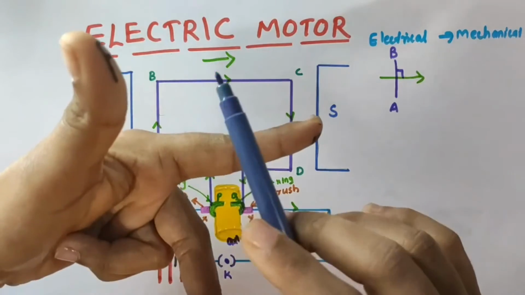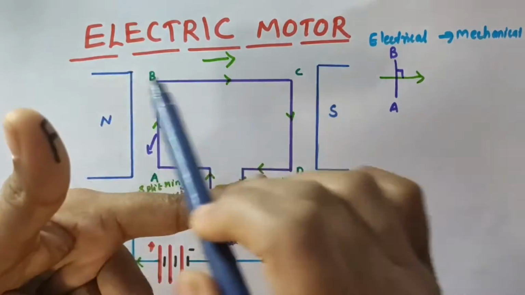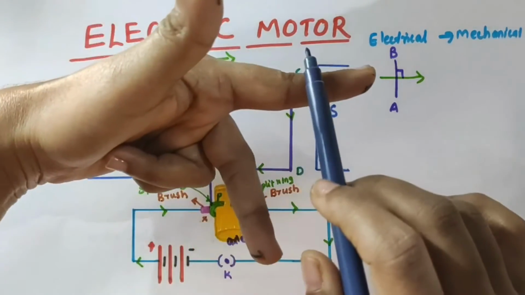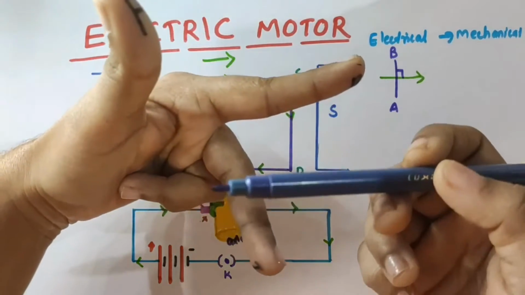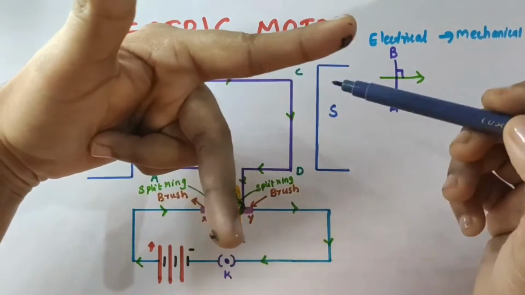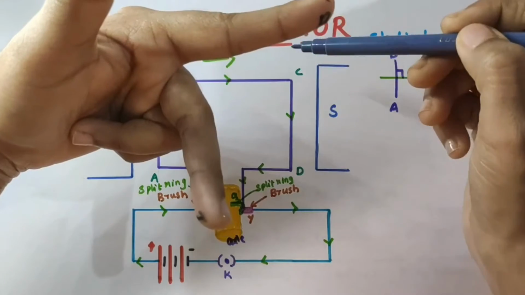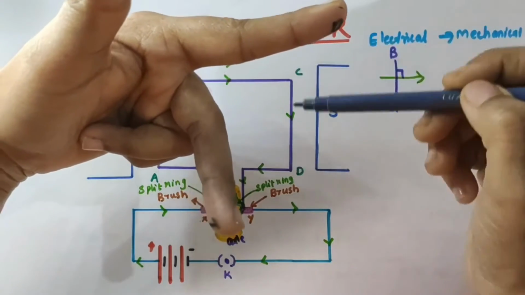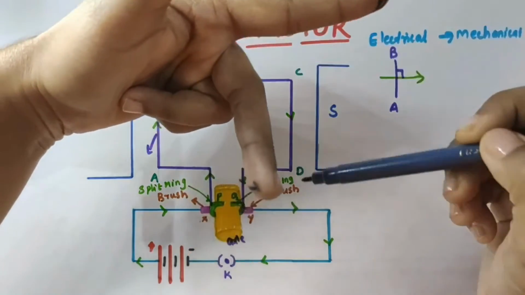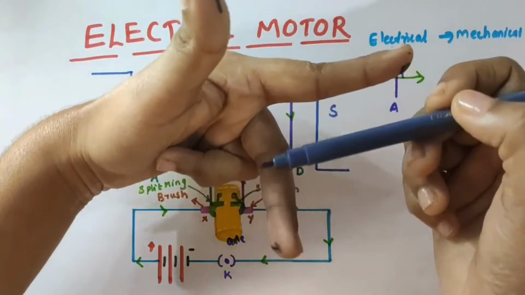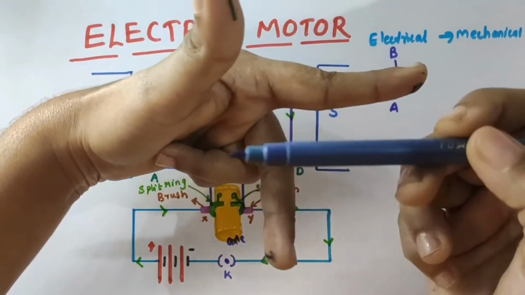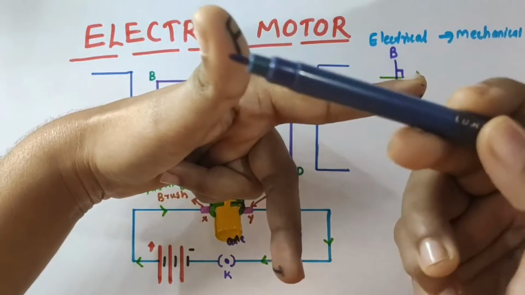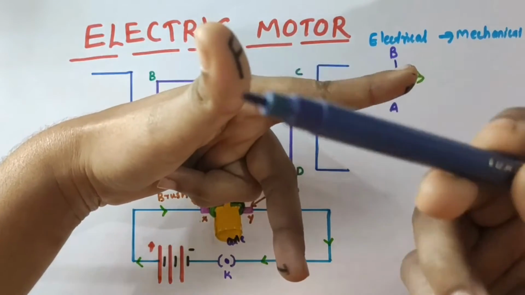I will point the middle finger downward, in the direction of the current. The forefinger is in the magnetic field direction, and you see in doing so the thumb is automatically pointing upward.